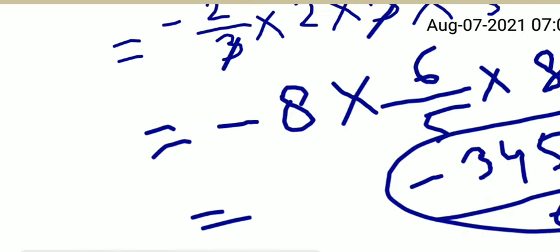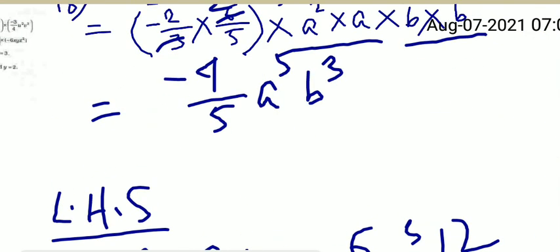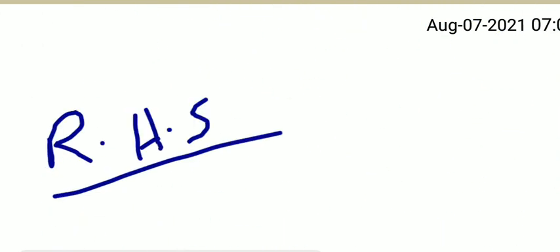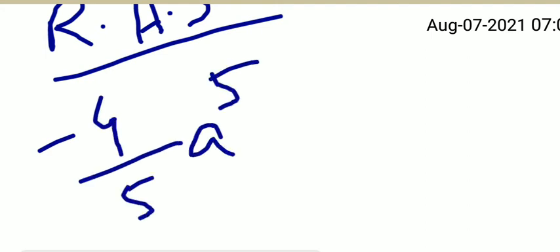Now let's see what result comes out from RHS. The RHS is minus 4 by 5 a to the power 5 b cube.